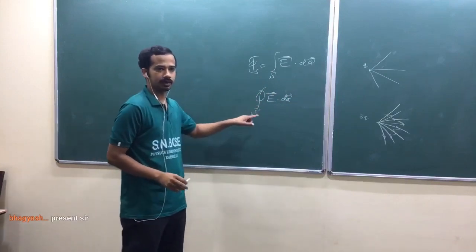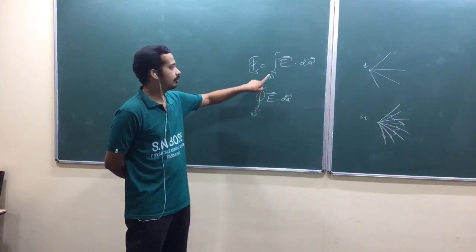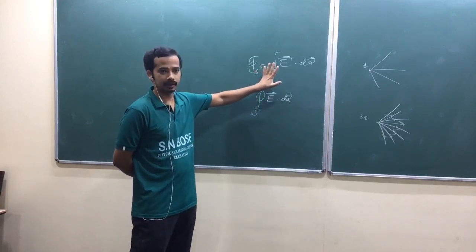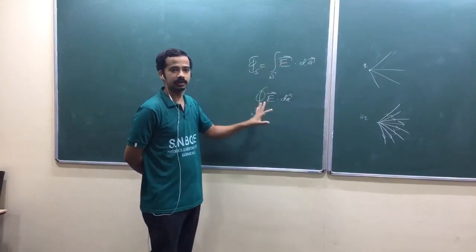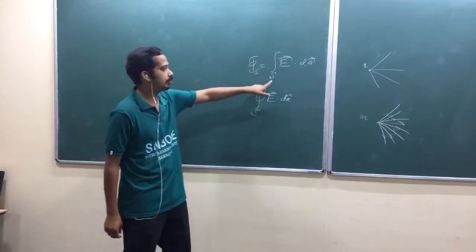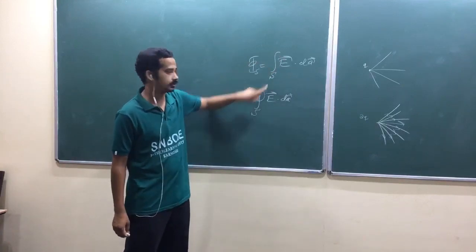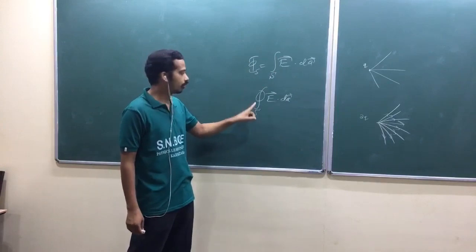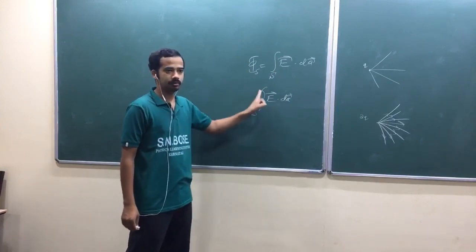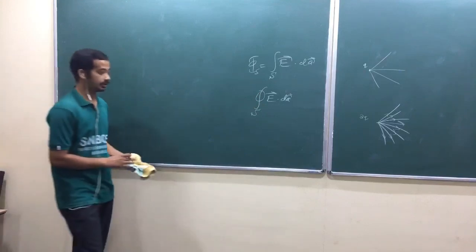Is that okay? For a closed surface, you have to put one more circle here. For an open surface, you have to leave it as it is. That is the accepted notation, so don't make any mistake. If the surface is open, don't unnecessarily encircle that one. If the surface is closed, don't forget to do that. Okay, be careful.